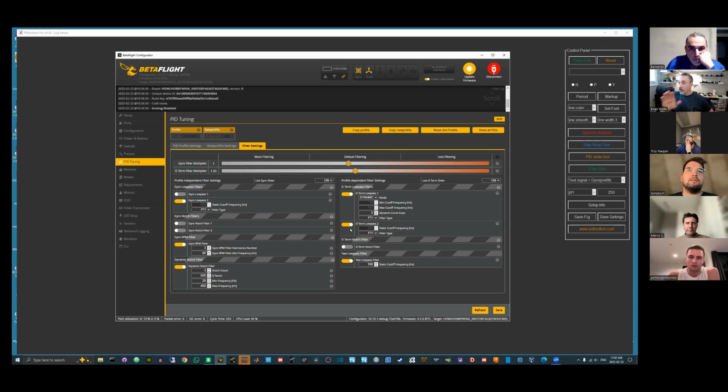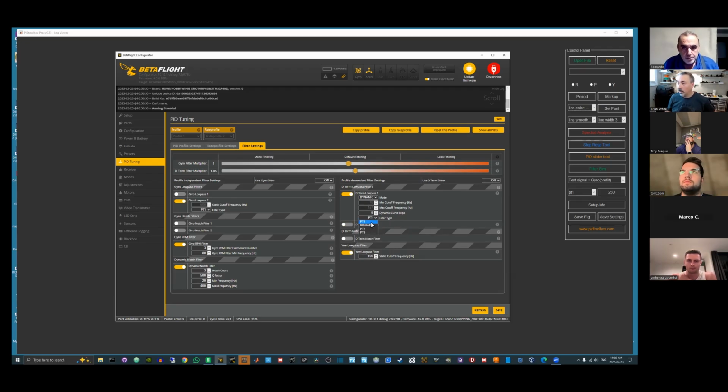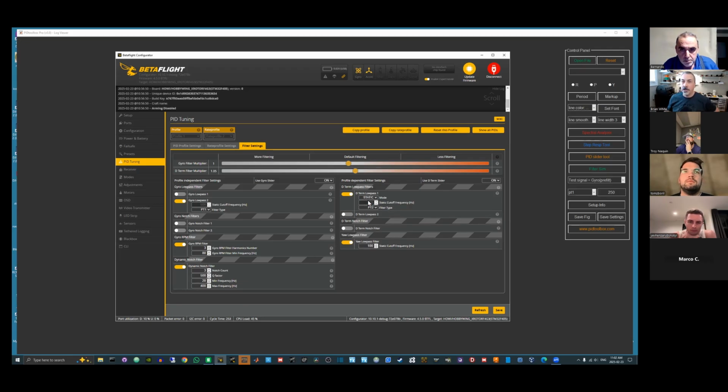And another thing about it is the reason I like simple is when I'm out in the field, I don't always use, or in the past, I didn't always use, for example, the sliders and stuff. I didn't want to plug into Betaflight all the time. So I would sometimes use the goggles and manipulate the D term in the field. Why would I do that?